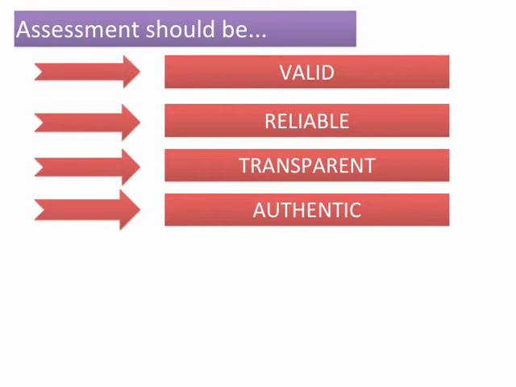Assessment should be authentic. Firstly, we have to make sure that the achievement that is being created by the assessment piece actually belongs to that student. So we need to look at elements of academic integrity so that we can say for sure that the piece that you're marking is coming from that student and is not from another source.